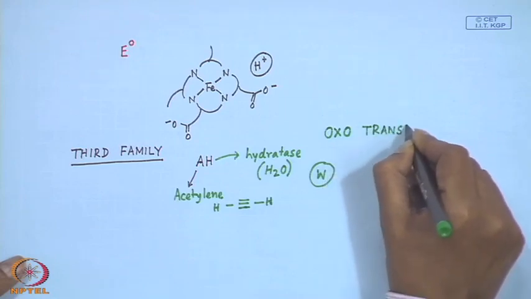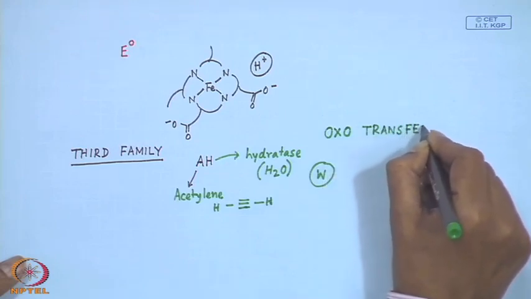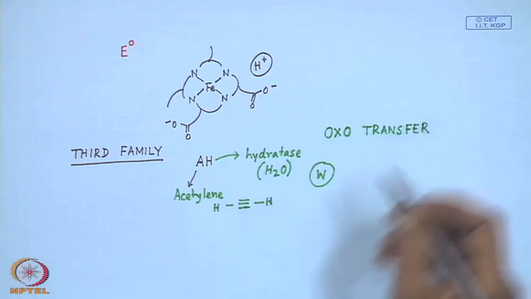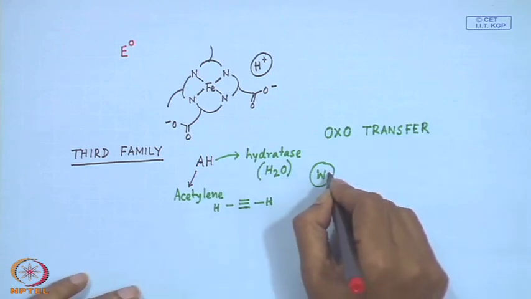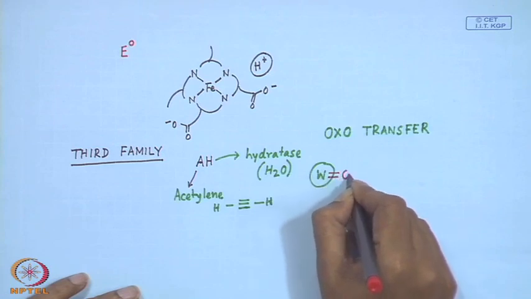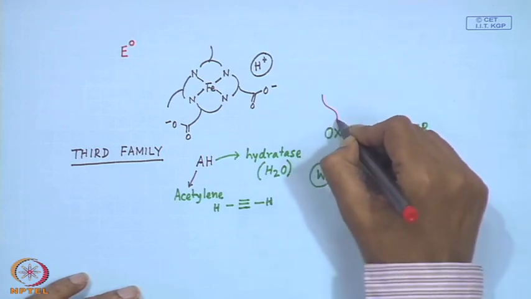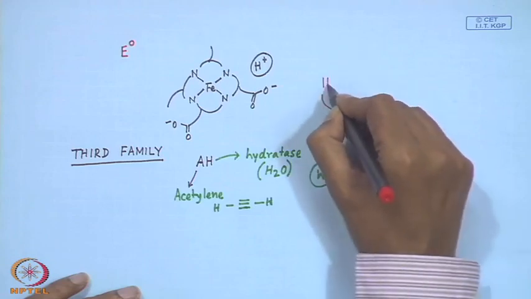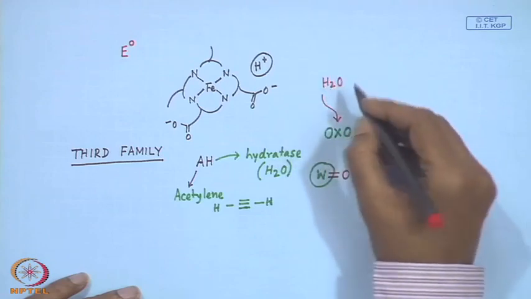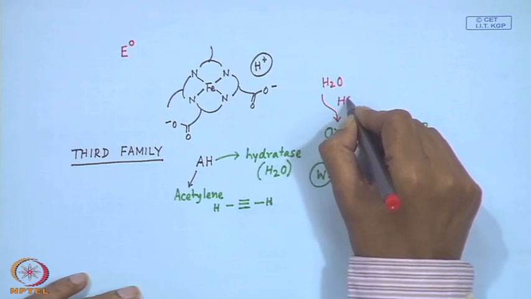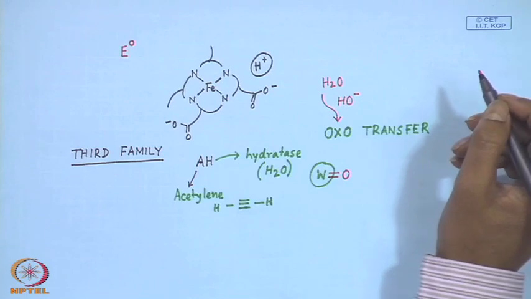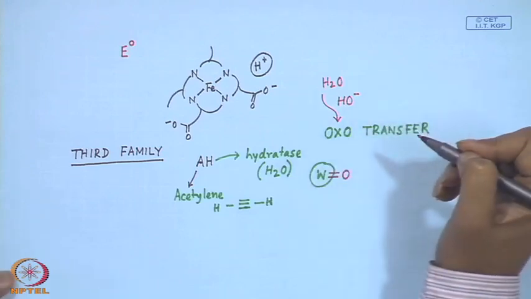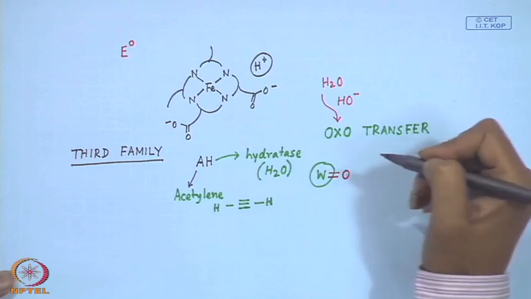So, these oxotransfer reactions can be very easily managed by the formation of the corresponding oxo group, or tungsten double bond oxo function, by the involvement of a water molecule, which in the intermediate stage goes through deprotonation to hydroxide ion and ultimately to O2 minus, which is for the corresponding oxo formation.